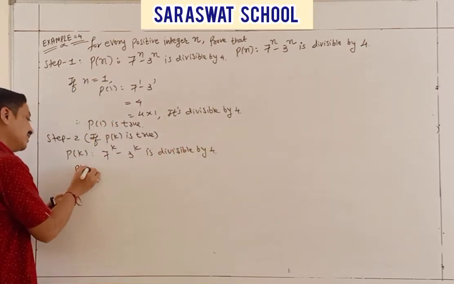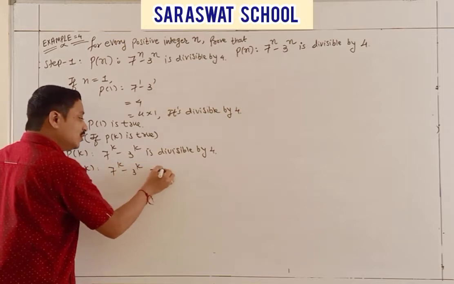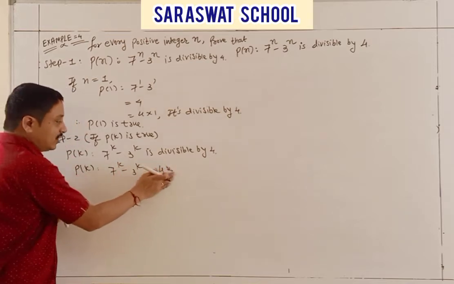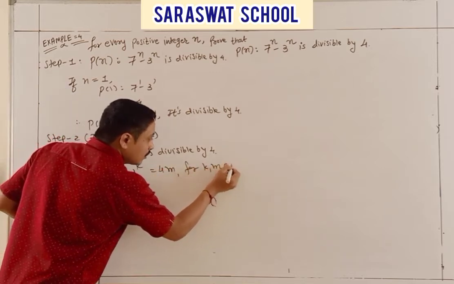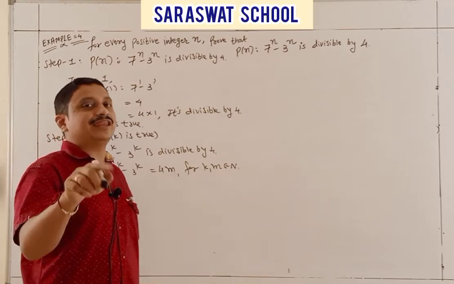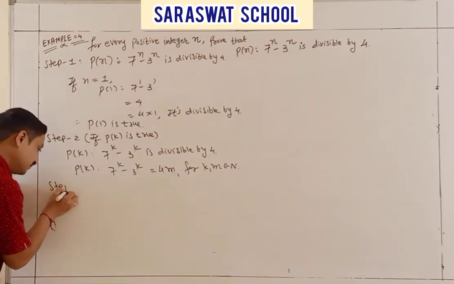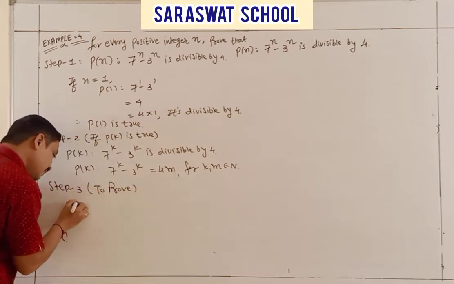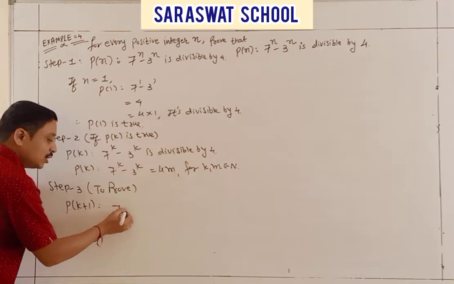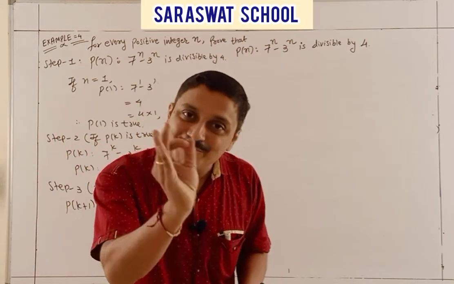In other words, it is equal to 4m, for k and m belonging to natural numbers. Yes. So now step 3. To prove P of k plus 1, only k changes to k plus 1.